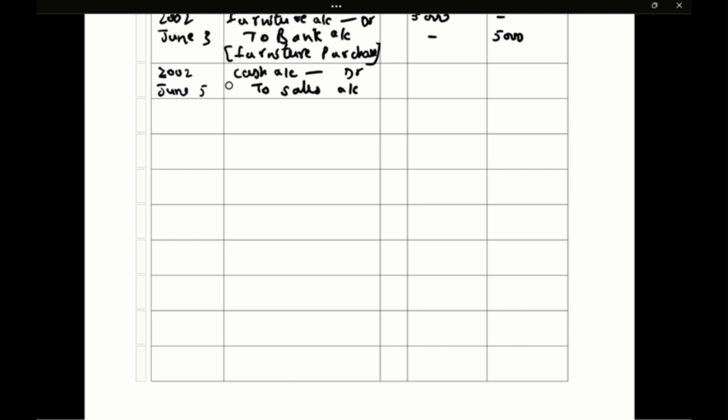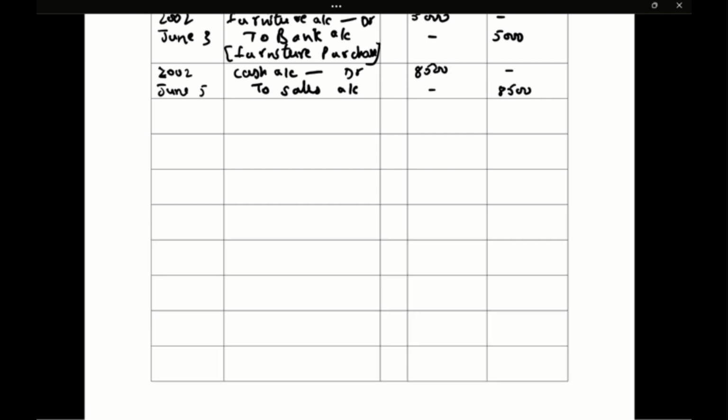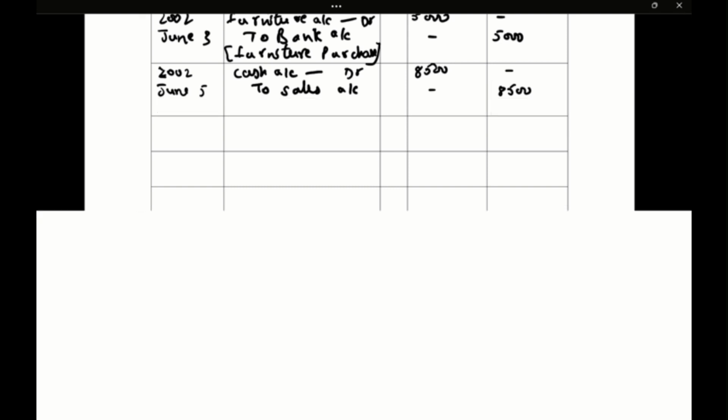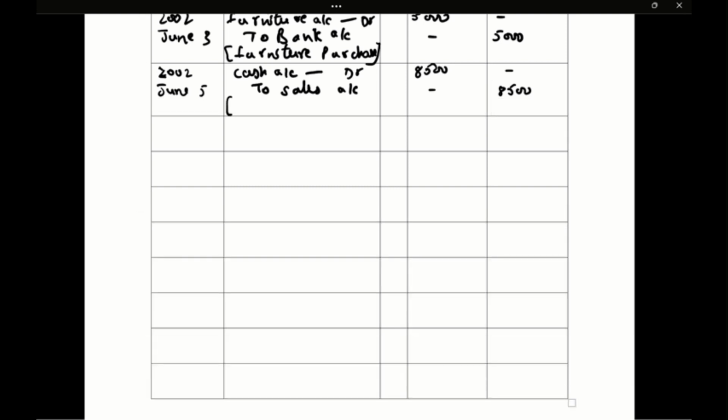Amount is 8,500. Here the narration is cash sales. Here we sold goods for cash.